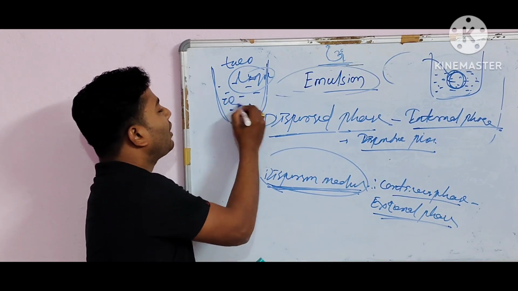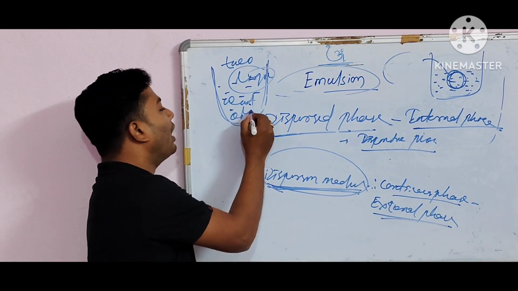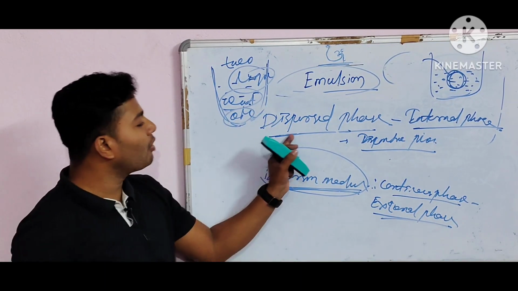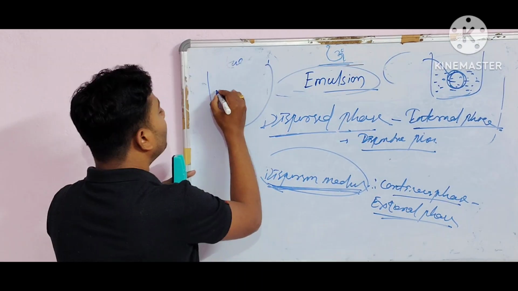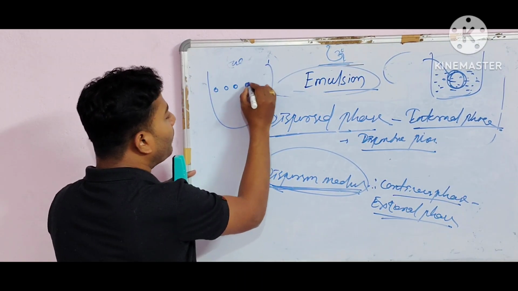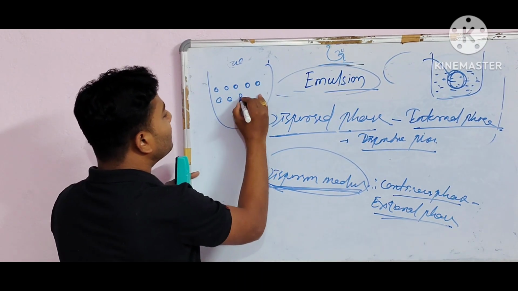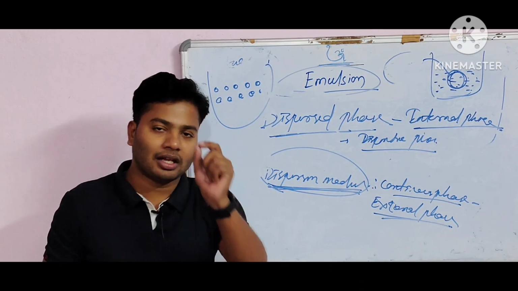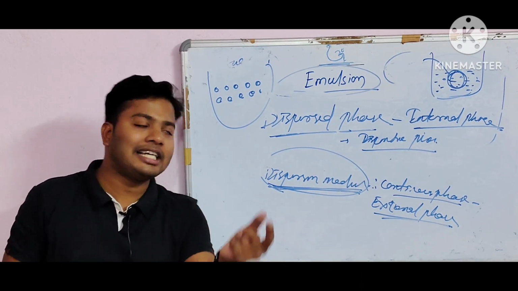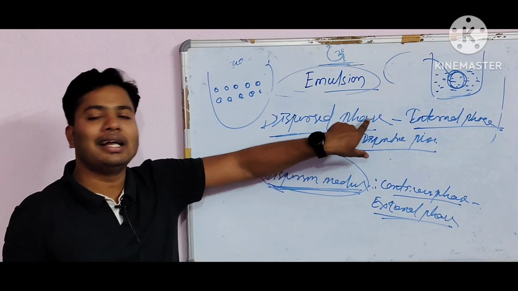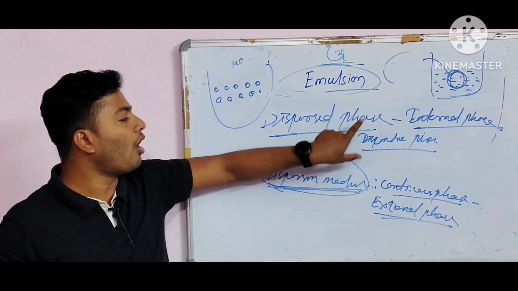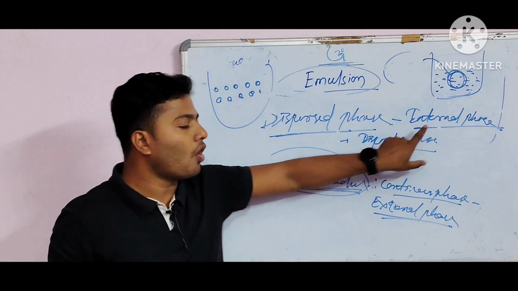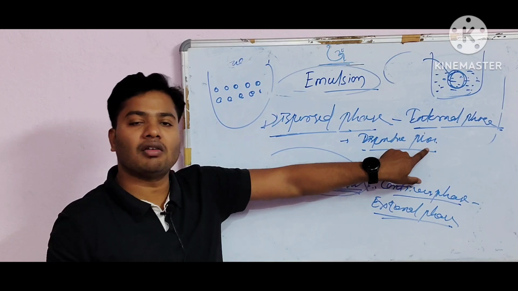One is the water liquid, another is the oil part. So what do you mean by dispersed phase? The liquid converted into globules is known as the dispersed phase, or you can say internal phase, or discontinuous phase.